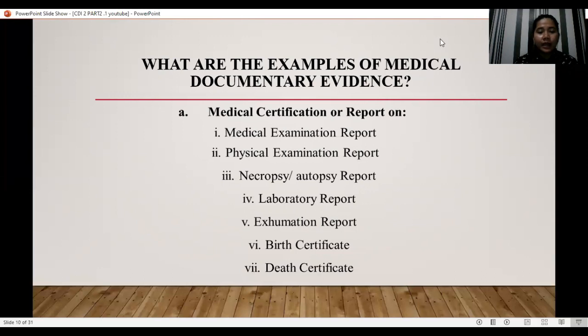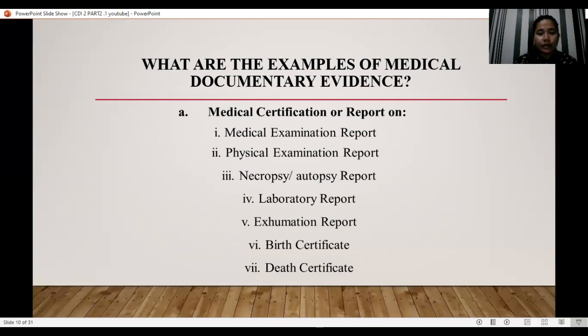So next we have a physical examination report. And next we have the necropsy or autopsy report, which is also known as the post-mortem examination. When we say autopsy report, it is the medical procedure that conducts the examination of the dead body.